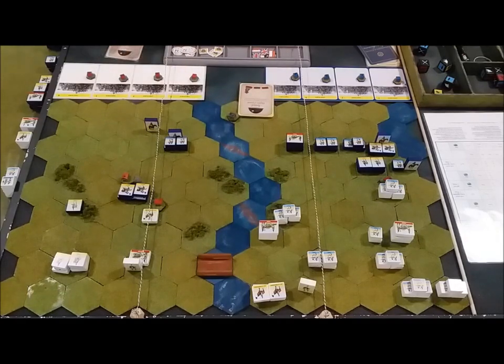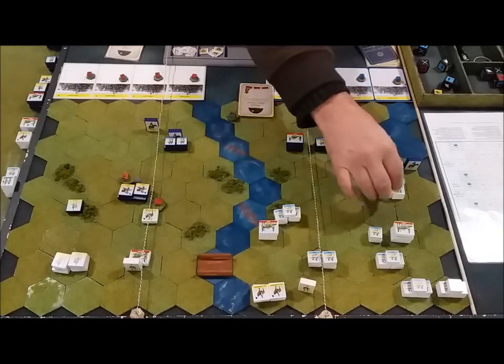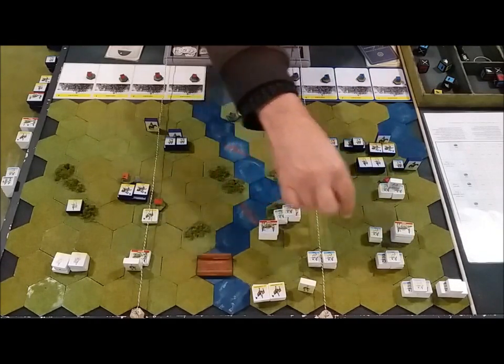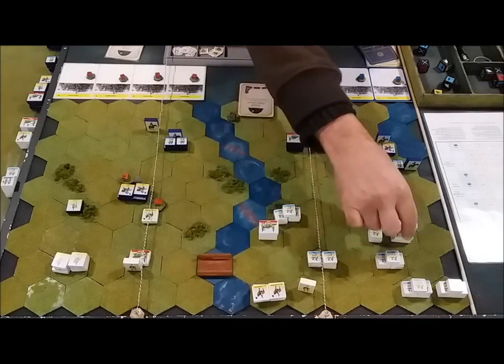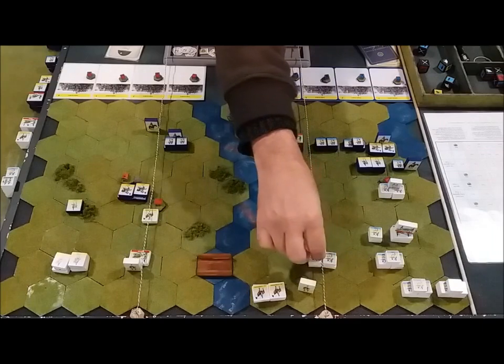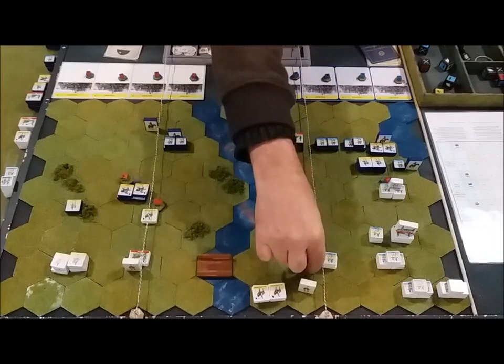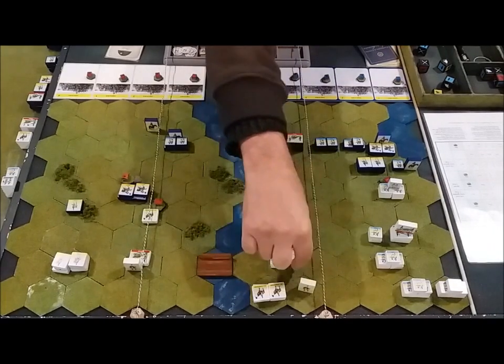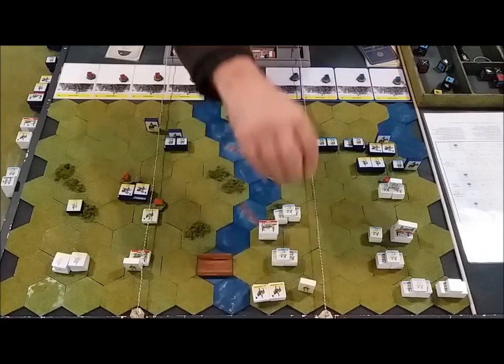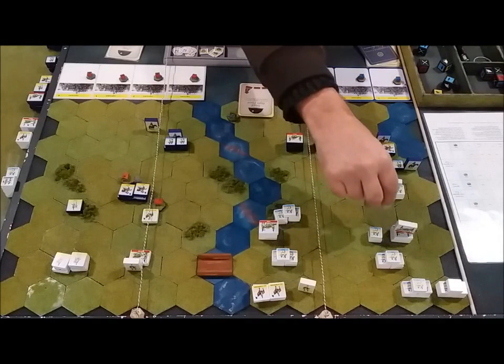Okay, so 3 units over here. So we have 1, we have 2, and we have 3. And this one is going to come over this way. We need to start to bolster that left flank out for them again.